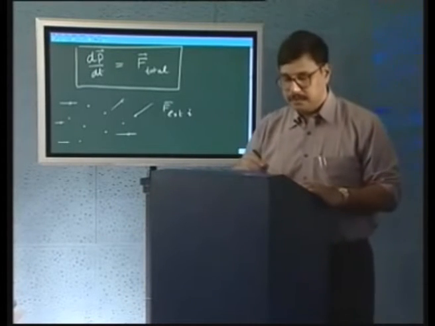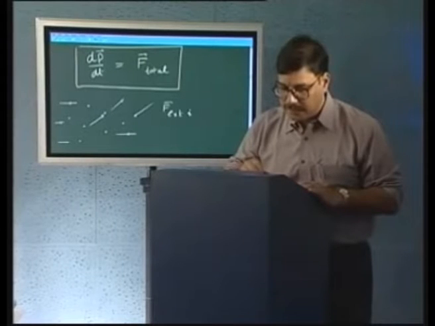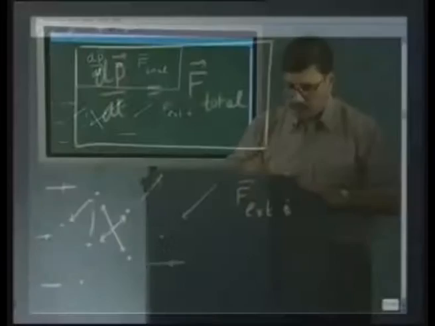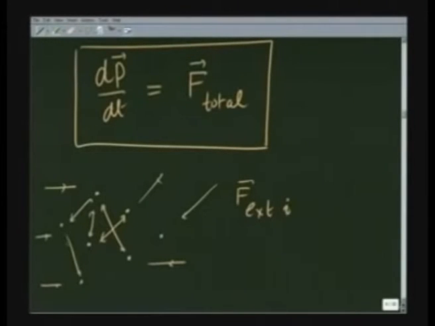In addition, they are also interacting with each other, which I will call the forces on the ith particle due to j, so that the net force on the ith particle is the sum over j, that is, the force applied by all other particles, but not i. It cannot apply a force on itself.